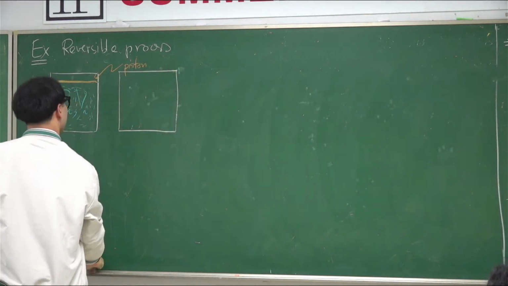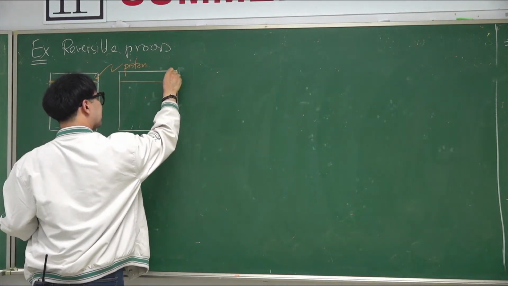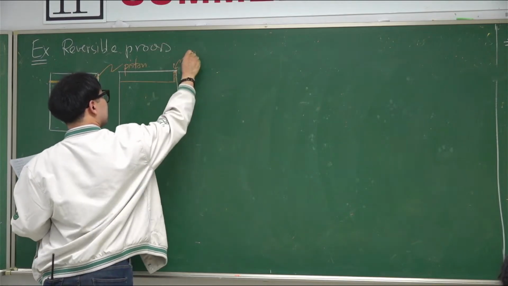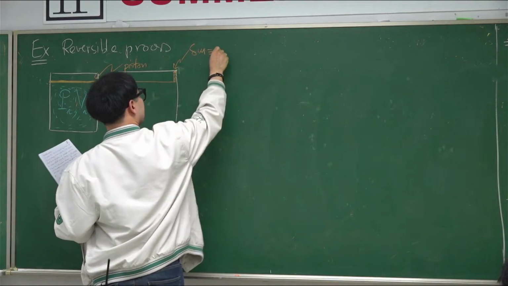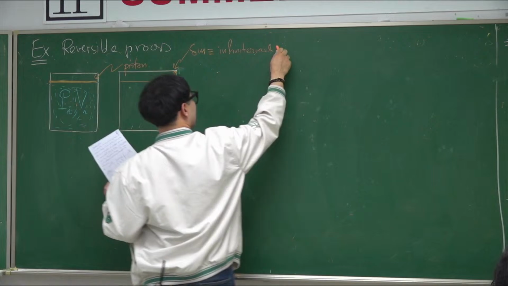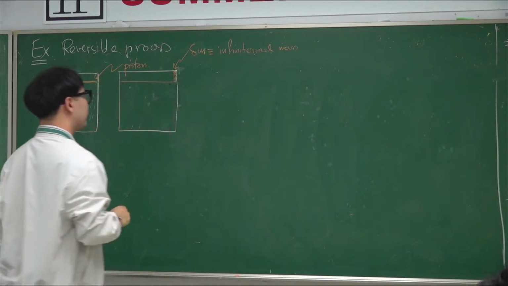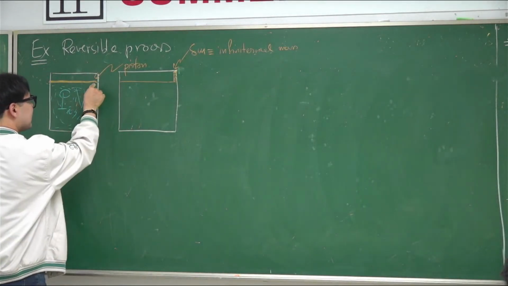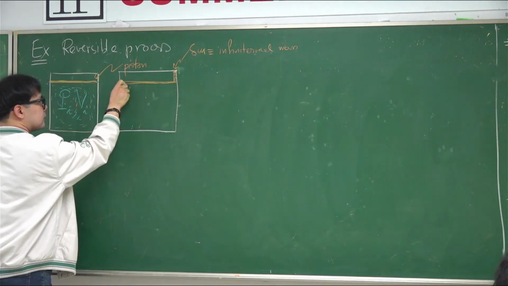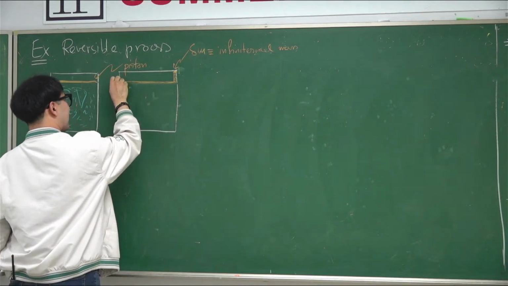I am going to put a tiny mass, I call this delta M, an infinitesimal mass. Okay, put it in. It means that this piston will get down a bit, right? Yeah, it gets down a bit.